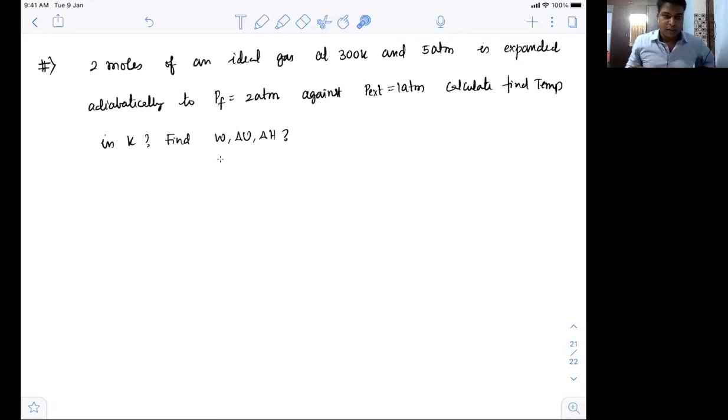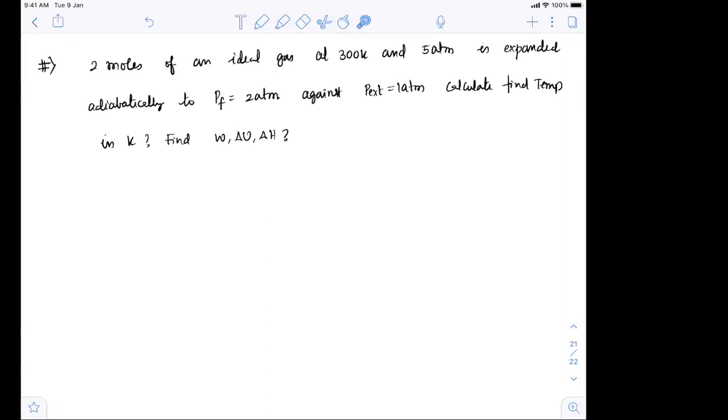Right. So check this. Have you all done it? See, guys. One thing I know is that we can write this as nCV(T2 minus T1) is equal to minus P external into (V2 minus V1). But here the external pressure is different and given, so keep it outside only, as a given value.